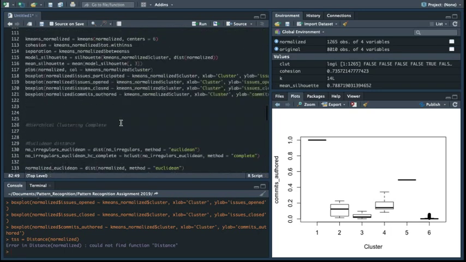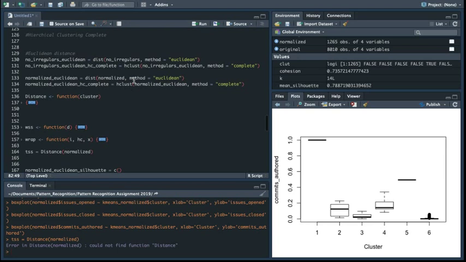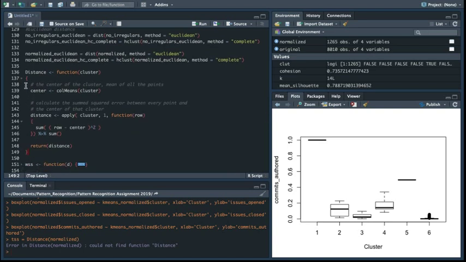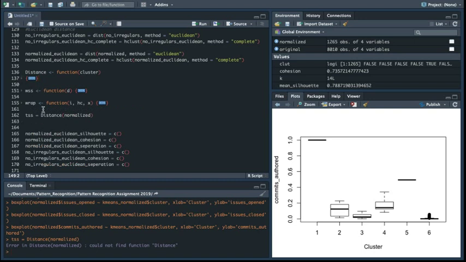They didn't include any method to take the cohesion and separation from these hierarchical clustering functions, so we had to do it on our own. I don't find it meaningful to explain what each of these lines does, but we're going to upload everything on GitHub, very well documented and commented, so you can find everything.